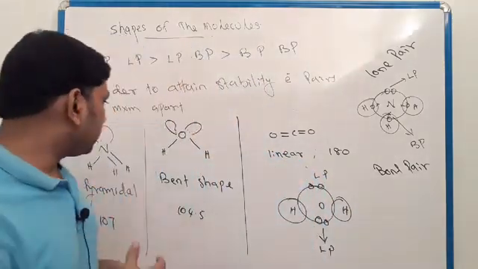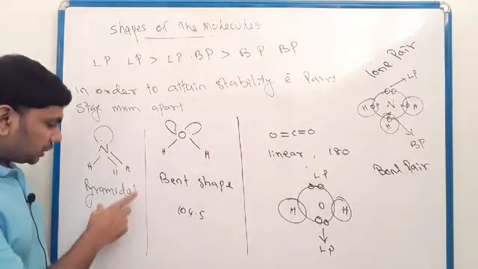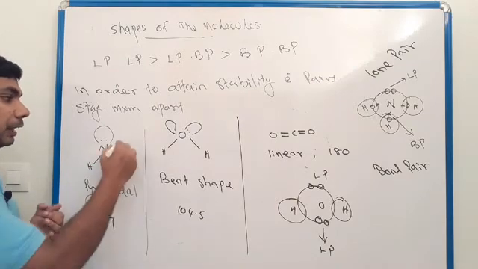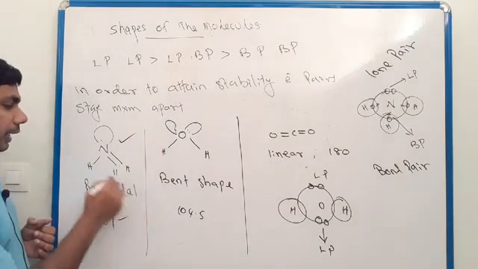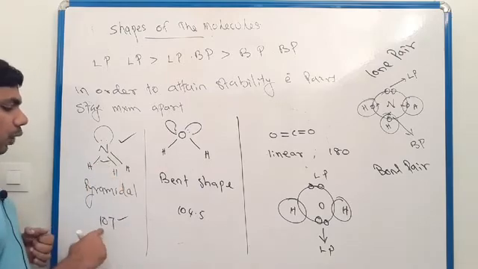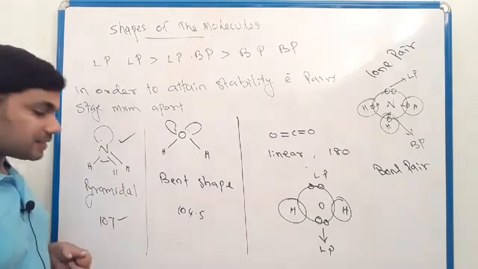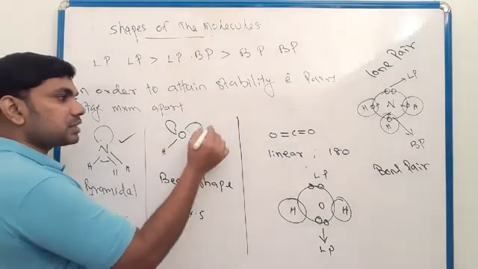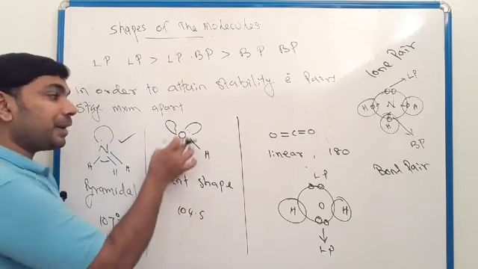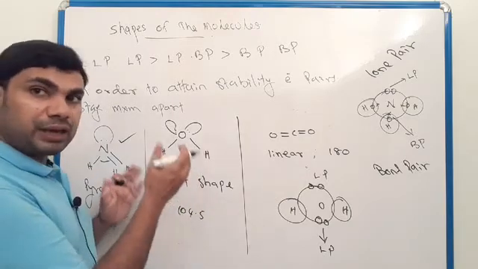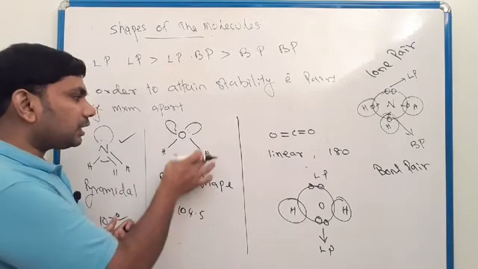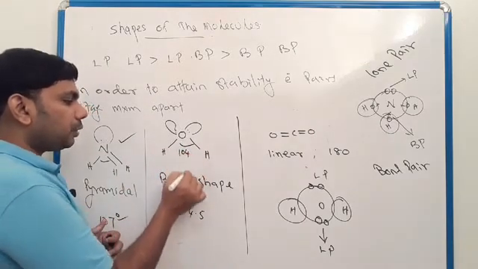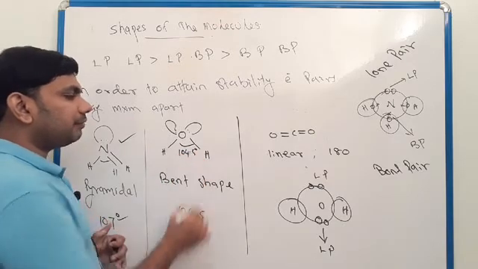Look here, this is NH3. This shape is called pyramidal shape, and the bond angle here is 107 degrees. And here this is a water molecule, and this is bent shape, and the bond angle here is 104.5 degrees.